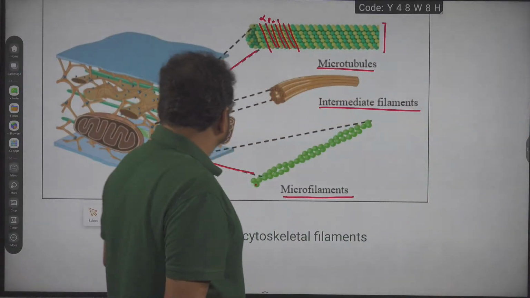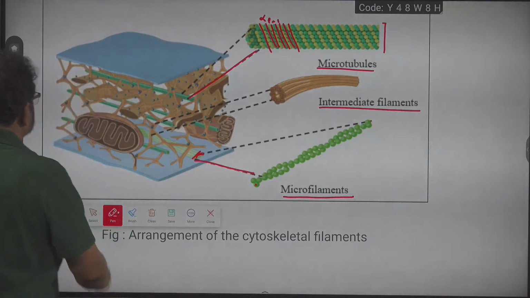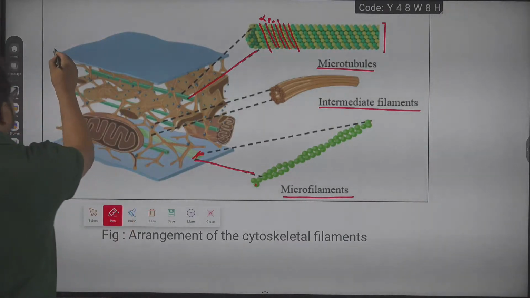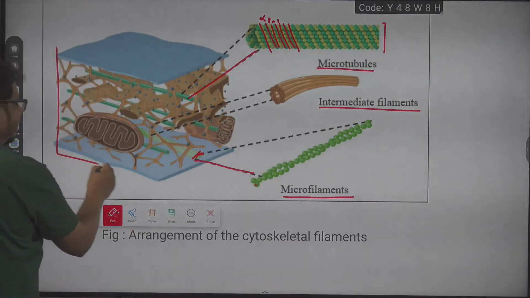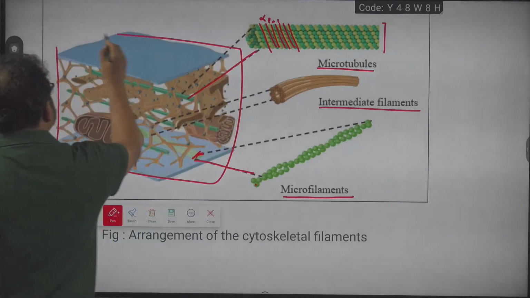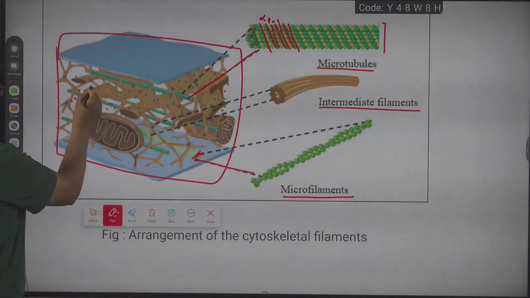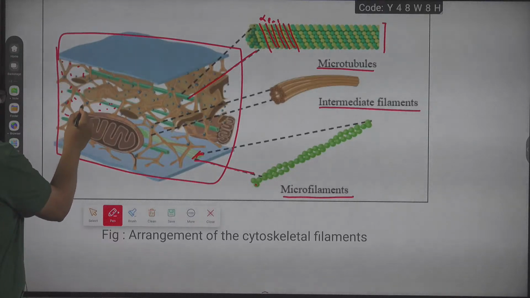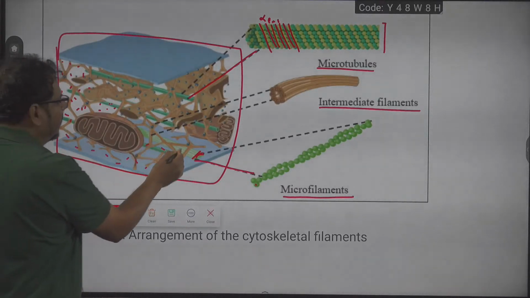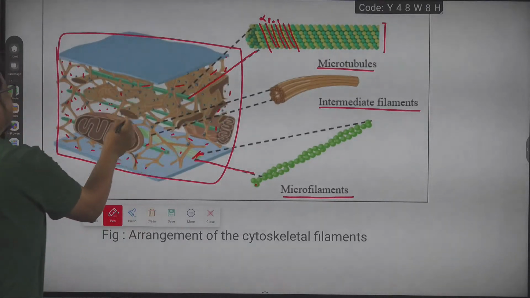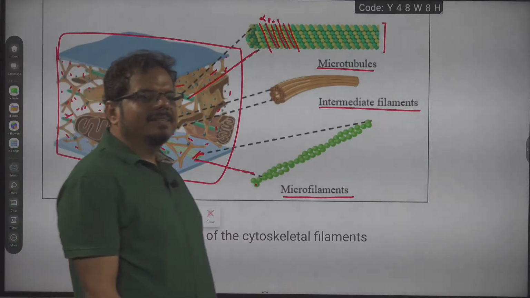So cytoplasm is the fluid. Suppose that this is the cell. Inside the cell, the fluid component is everywhere. What is the fluid content here, basically? Cytoplasm. Fluid content is cytoplasm.